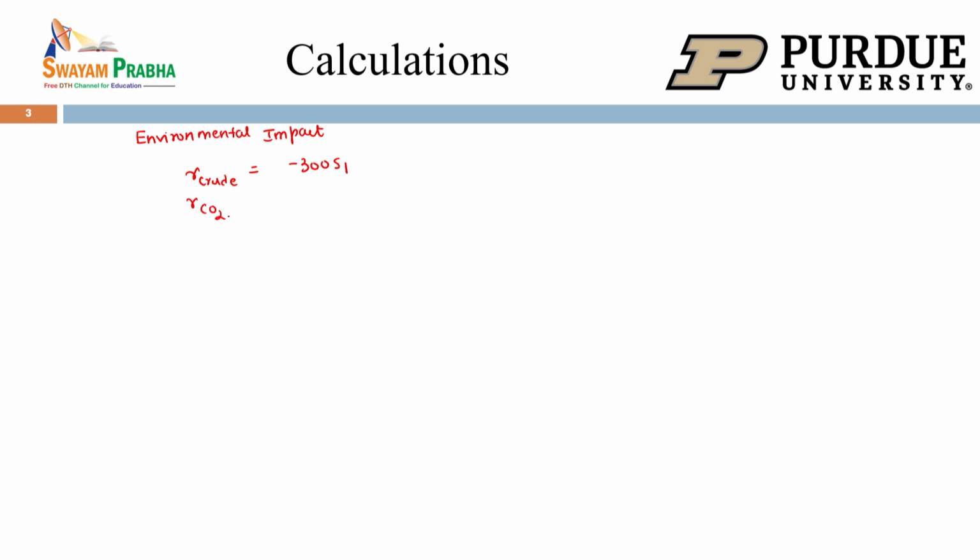R CO2 is 60 kgs times S1 from the first process and 20 times S2 from the second process, and our SO2 is 12 times S1 plus 1 times S2. Straightforward equations, which we can write in matrix form.